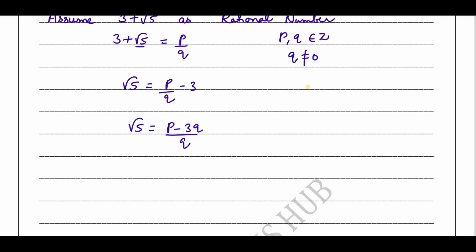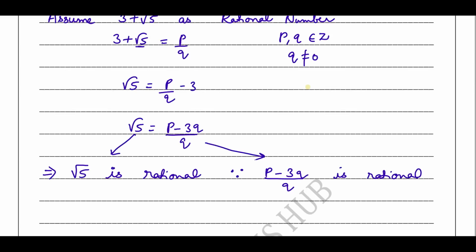Now you should write the statement. This implies that root 5 is rational because p minus 3q by q is rational. Root 5 is rational because this is rational.